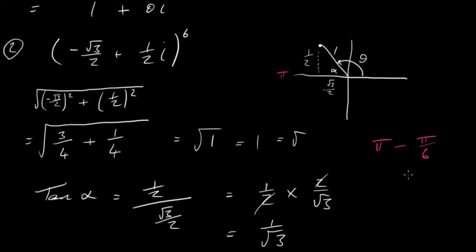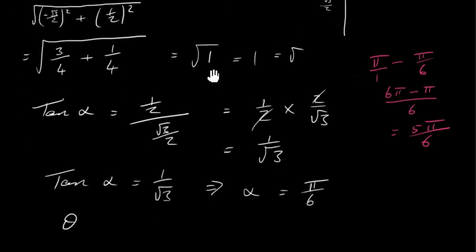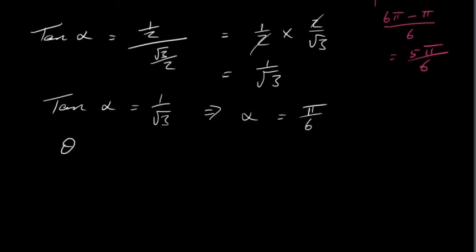So that's going to give me 5 pi over 6 when I do that. If I just subtract those two fractions, I'll get 6 pi minus pi, so that will just give me 5 pi over 6. So I know that this angle here, theta, is 5 pi over 6. So almost there. So that's theta then is going to be 5 pi over 6.